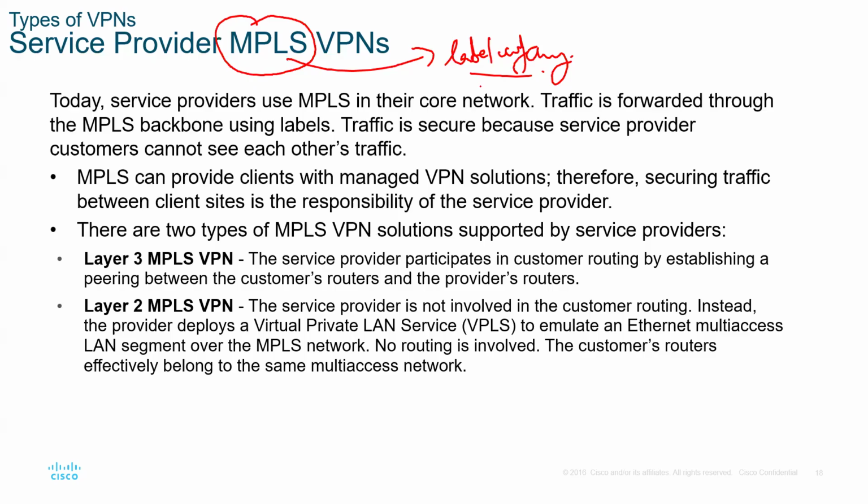With MPLS, we have service providers creating VPNs, especially for enterprises, making use of labels instead of encryption. So traffic for network E has its own label, and traffic for network E has its own label. The labels are different, which means users cannot see each other's traffic.